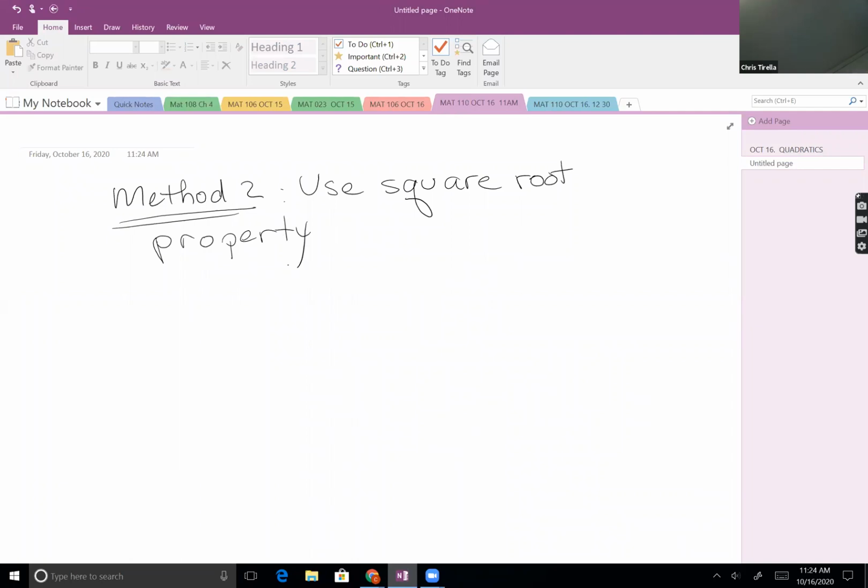What the square root property says is if x squared is equal to some value n, then x will equal plus or minus the square root of n.